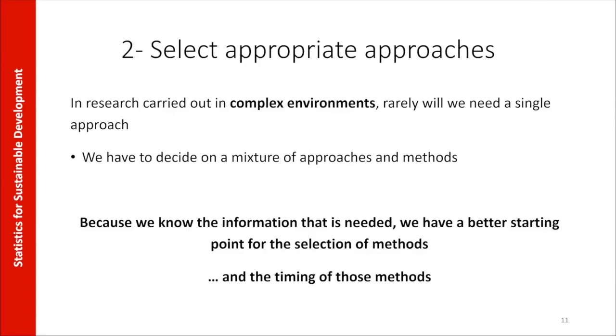So we have to decide on this mixture of approaches and methods. But since we already know the information that is needed, because we have written it down in the report, we have a better starting point for the selection of methods and for the timing of all these methods. What comes first, what comes later, when we have to ask these things.